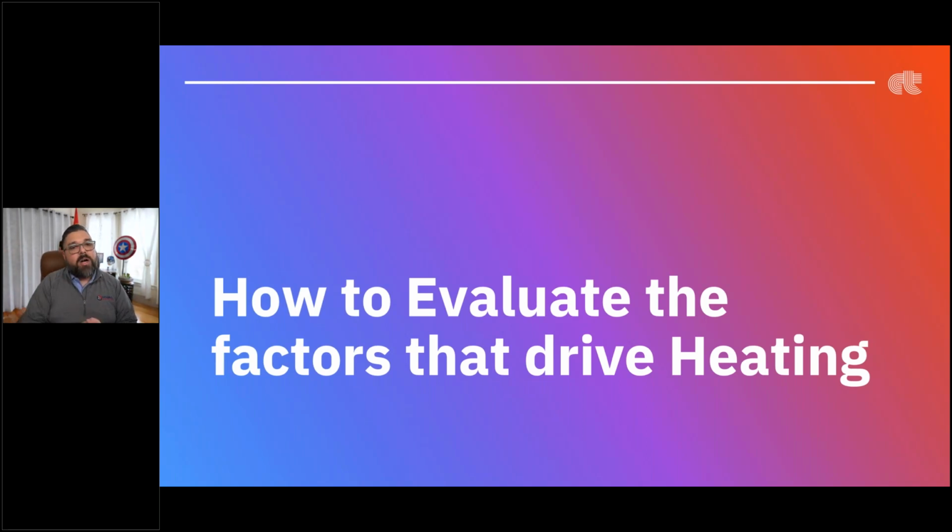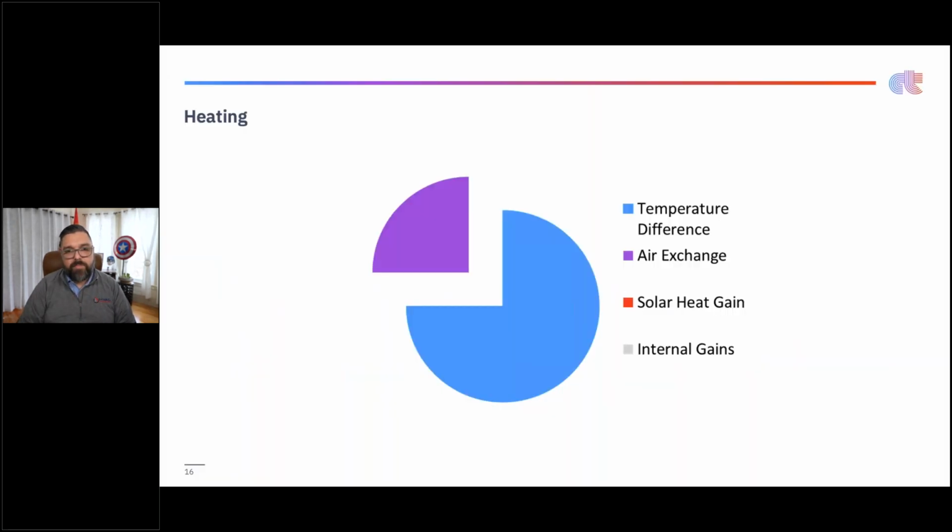All right, so let's talk about how to evaluate factors that drive the heat loss, all right? So about 75% of your heat loss is just purely temperature difference across devices. Unfortunately, if you use any sort of rule of thumb like square feet per ton, or we used to joke that there was Manual E, you would hold up a sheet and there was a little cutout of a house.